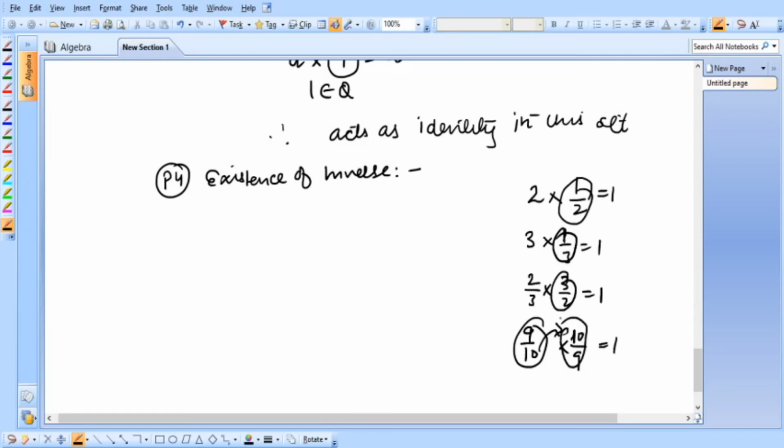So you will be thinking that the inverse of every element exists, but this is not true, because 0 is also a rational number, but the inverse of 0 does not exist, because there is no element which when multiplied with 0 yields 1. There is no such element. So therefore we say the inverse of 0 does not exist.